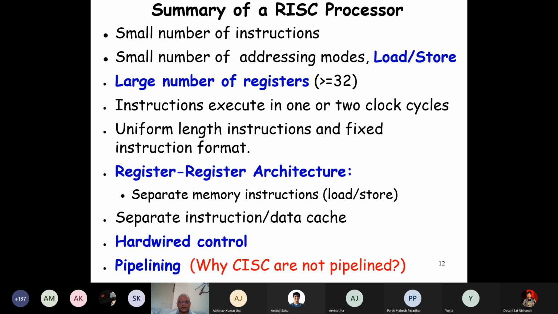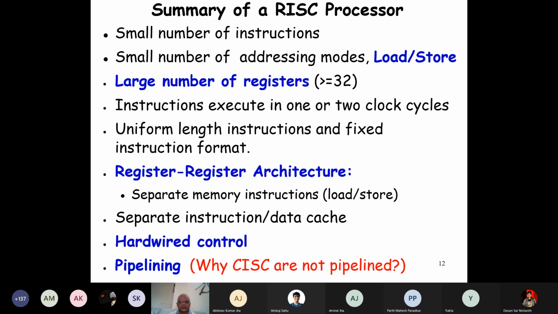There are a large number of registers, greater than or equal to 32. In modern processors like Core i7 and so on, you will find that the number of registers supported is 32. Even though there are 1024, I said it is a small number, we can have more registers also.